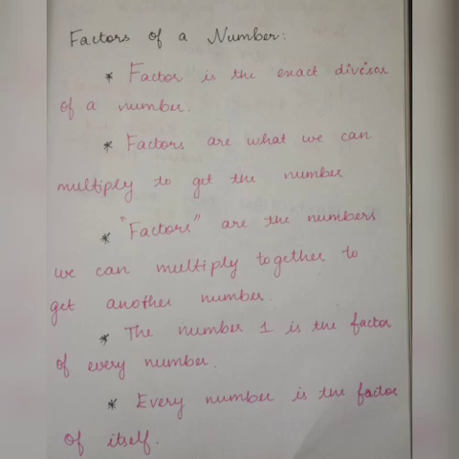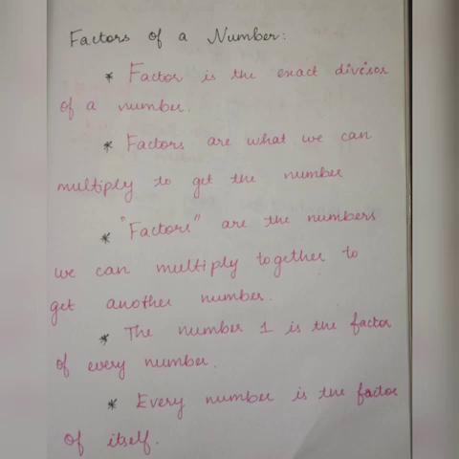Then the next definition is that factors are what we can multiply to get the number, which means if we multiply the factors we will get the number. So the thing which we use for multiplication is our factors.